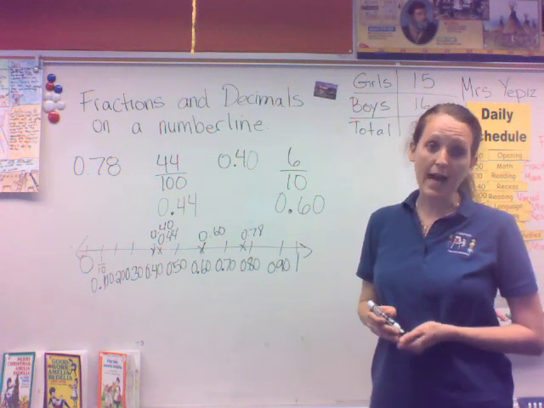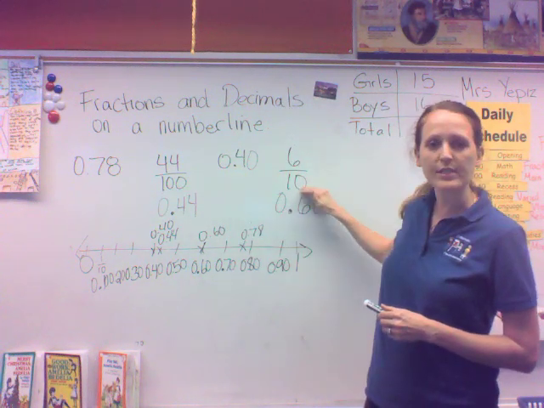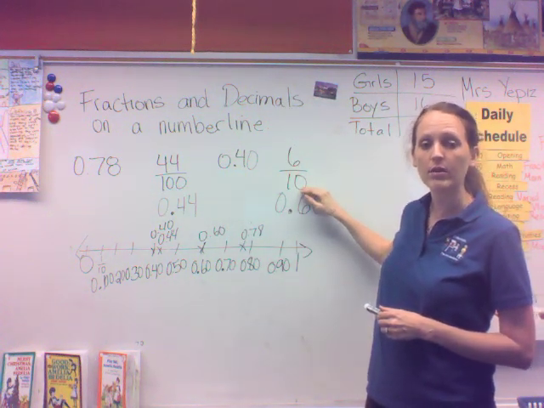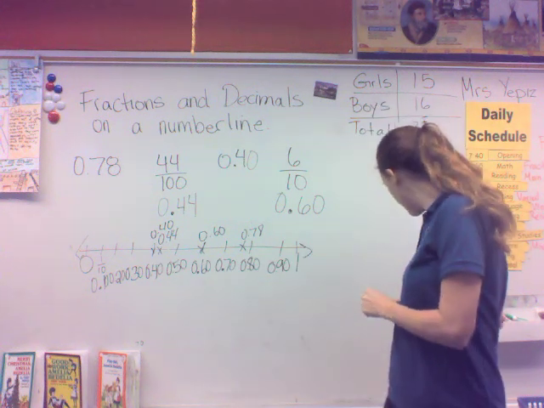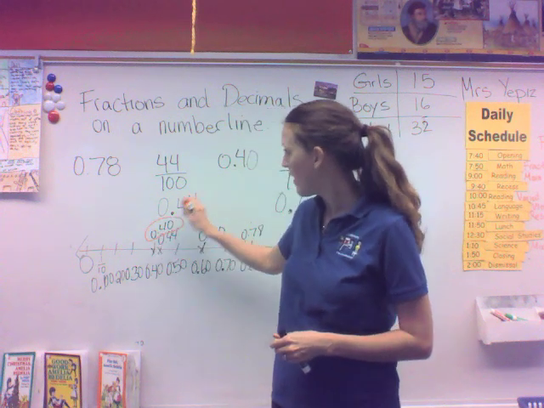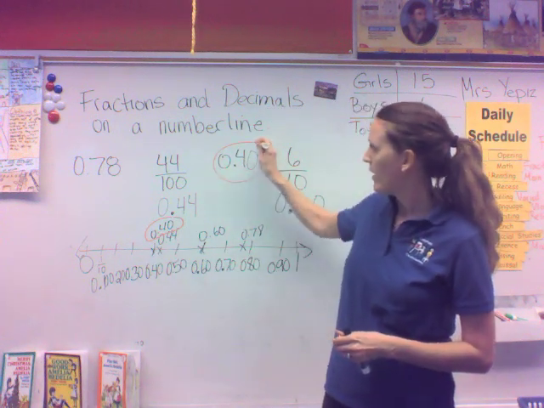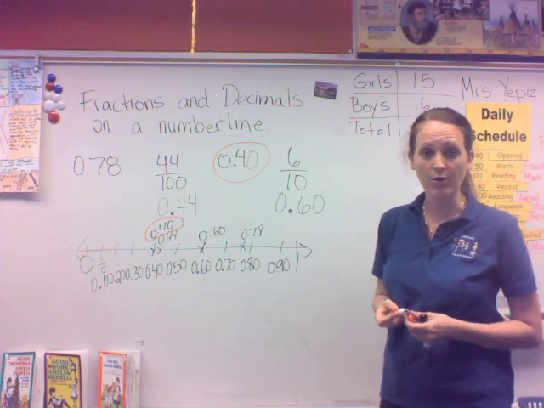Then if I were to ask you a question like, which of these numbers is closest to 0 after you've made your number line, it would be very easy for you to see that this number is our closest number to 0.